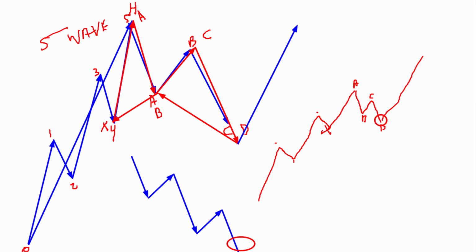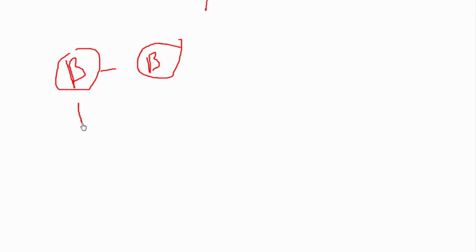So harmonics are intended for what? Bullish harmonics are looking for a bullish pattern in a bullish trend. If you have a bullish trend and a bearish harmonic, more likely than not, they're going to fail.